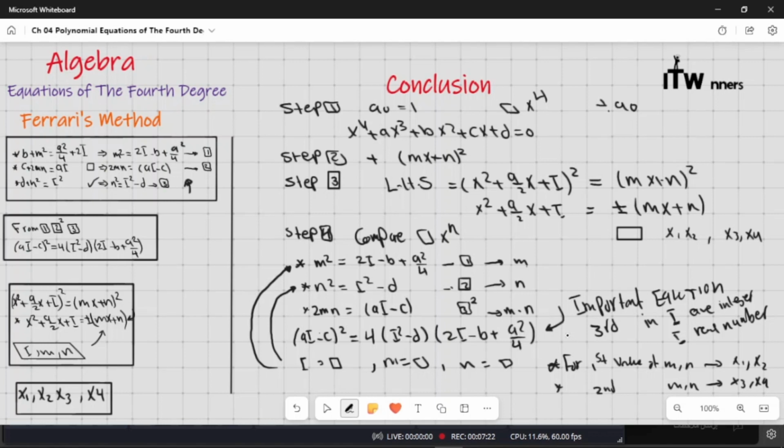So we have values of I, values of m and n to obtain x1, x2, x3, x4, and again we will make sure for this value of I, this root, for example x1, will verify this equation. Okay, so I here is the value we need.